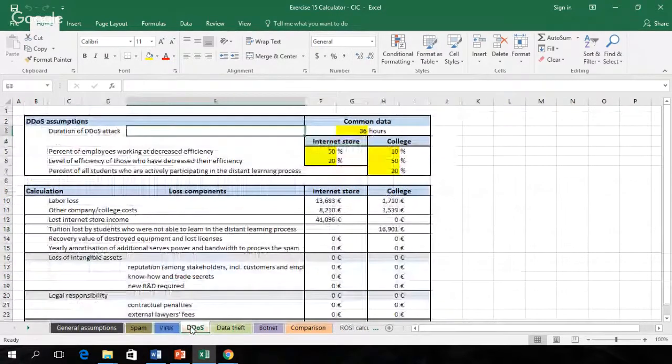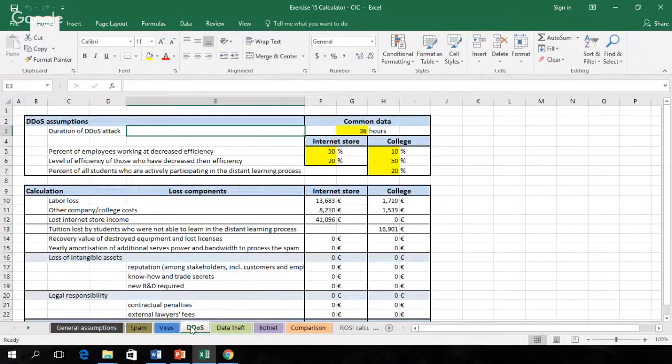The third incident type is DDoS attack. In this example, the web page became inaccessible and the attack lasted 36 hours, and its starting time meant 1.5 working days were affected. The impact on the two institutions was different, as a store business is much more dependent on its web page.